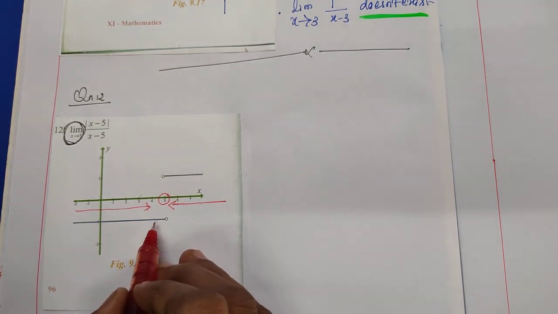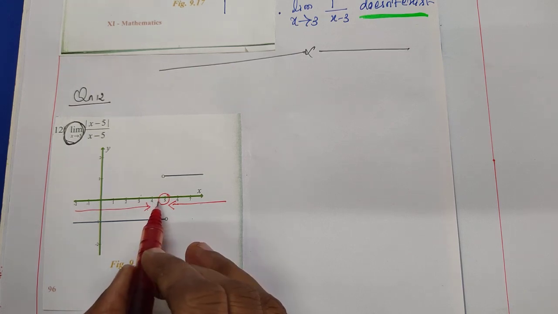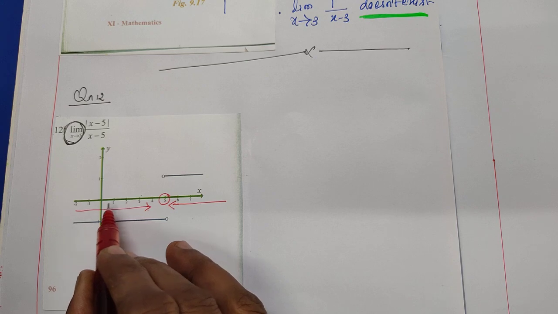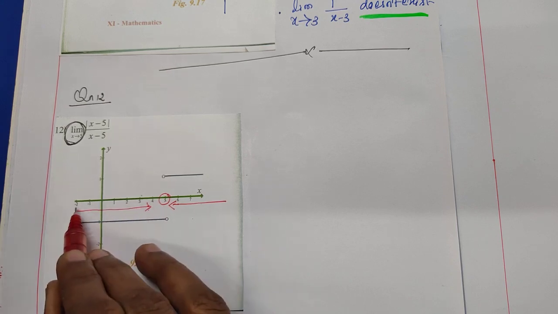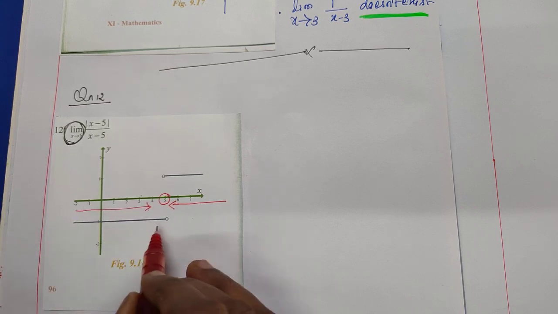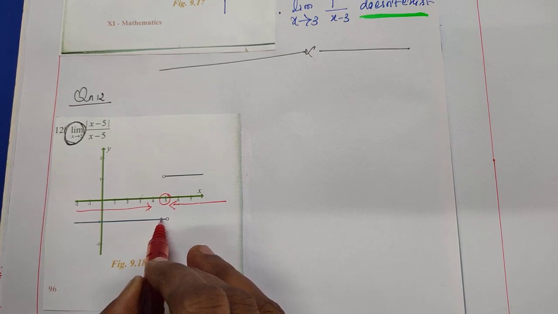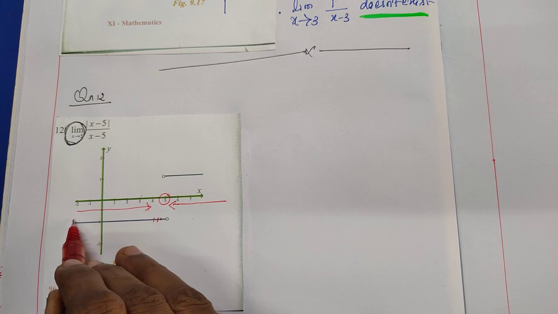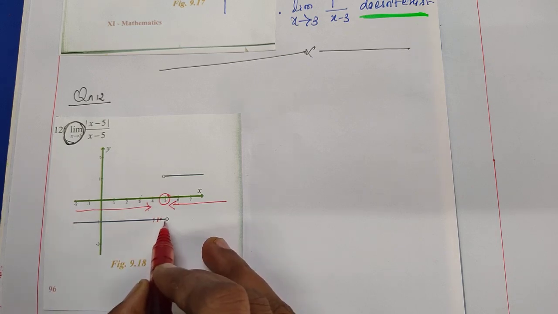This graph shows that all the points leftwards of 5, that is 4, 3, 2, 1, our f of x takes minus 1. Here minus 1 and minus 1, all are minus 1, and at x is equal to 5 it never takes minus 1.